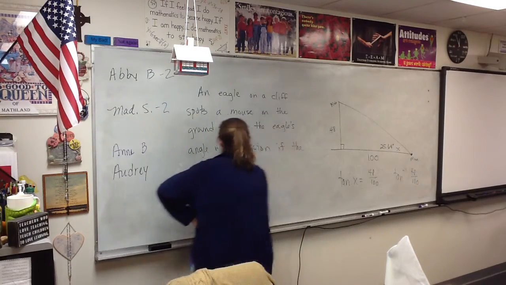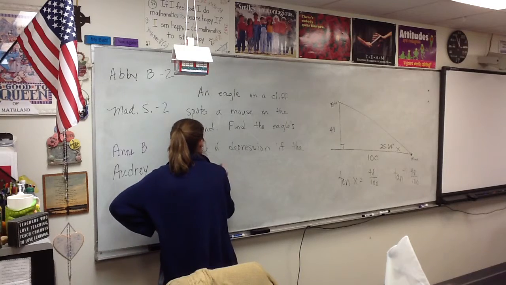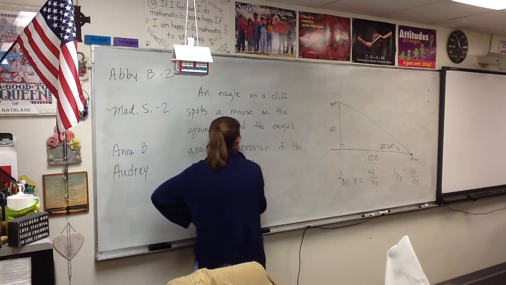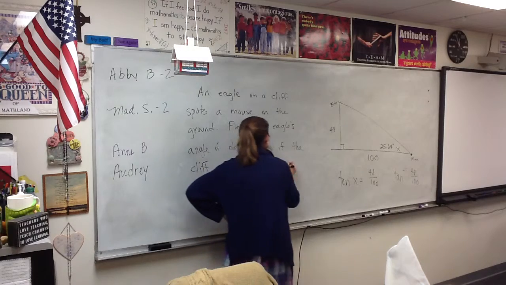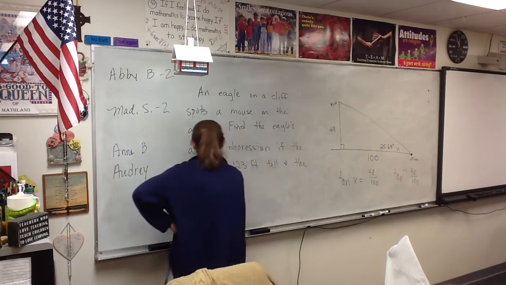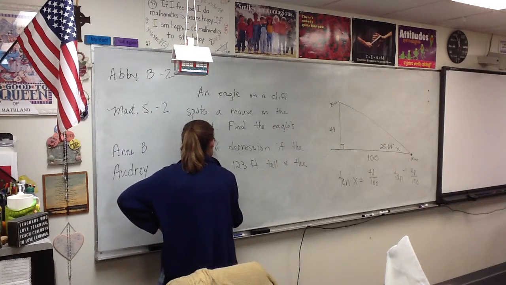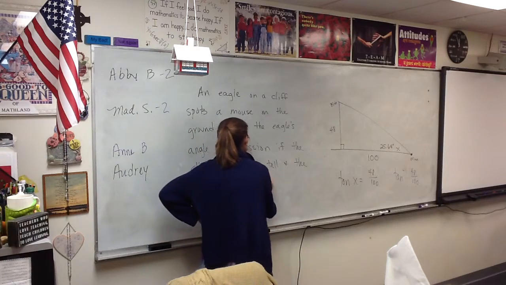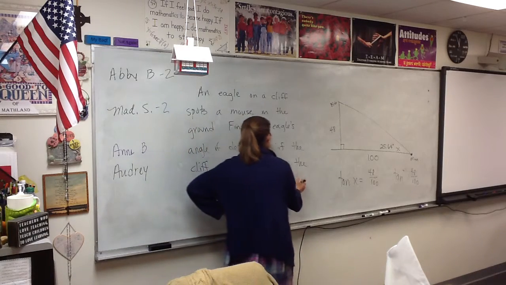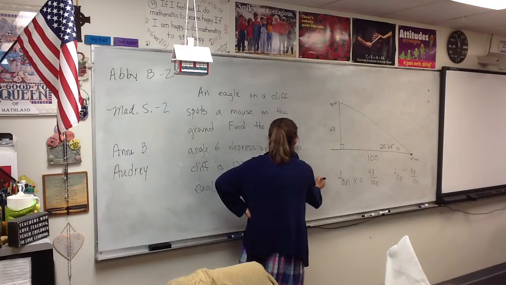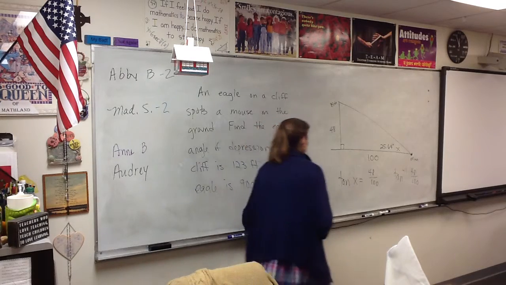If the cliff is 123 feet tall and the eagle is 900 feet from the mouse. That's your problem.